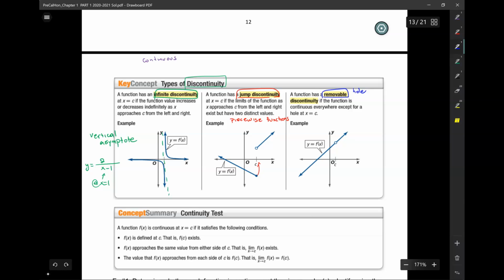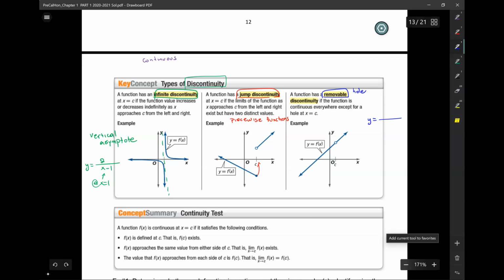When does that happen? So in the first example to the left, I said, when you had y equals 2 over x minus 1, there is a discontinuity there. At x equals 1, you get a hole in the graph. But what if you have something like this?